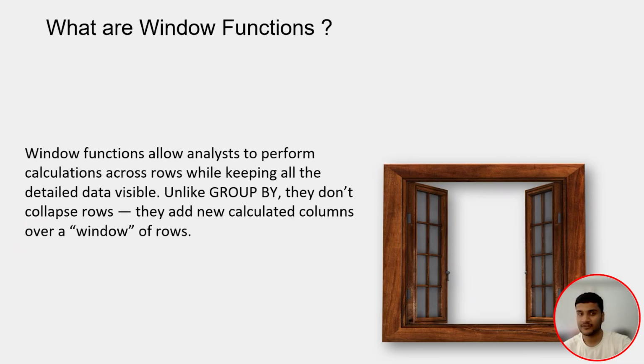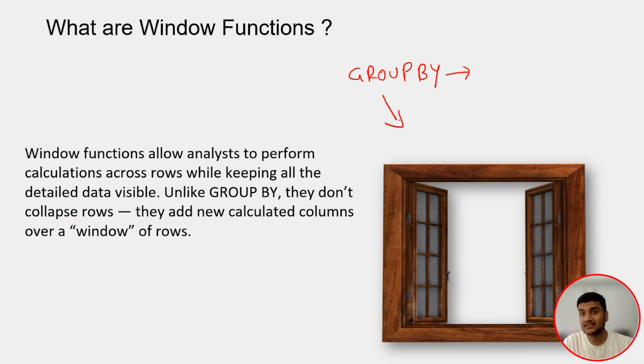A window function is a function that allows analysts to perform calculations across rows while keeping all the detailed data visible. Whenever we use the GROUP BY function, it groups the total data.